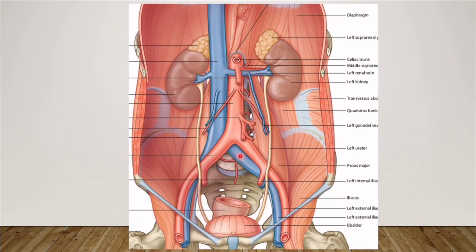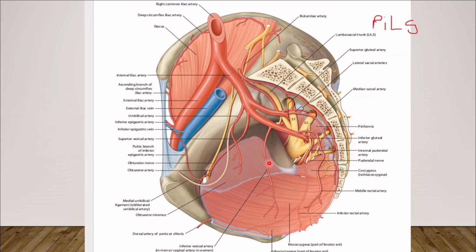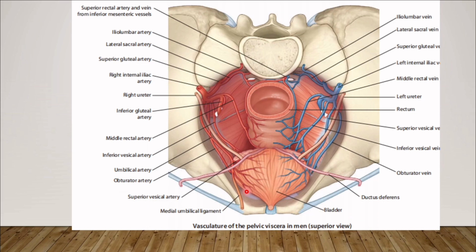Okay, good. Then another visceral branch, the inferior vesical artery, this one, anterior division, it will supply the posterior surface of the bladder. Okay, this one, inferior vesical artery.